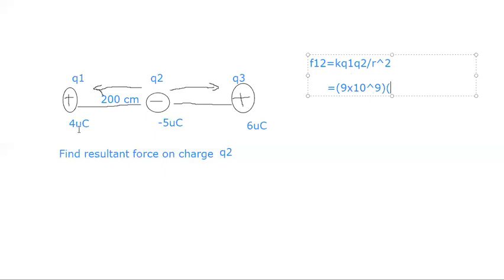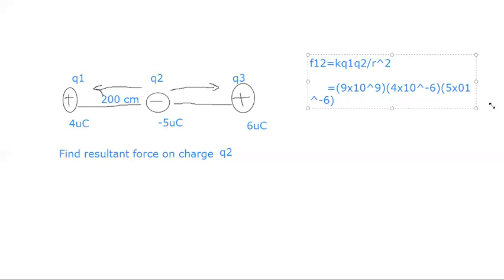Q1 is 4 microcoulomb, so I will convert it into coulomb: 4 cross 10 power minus 6. Similarly, Q2 is 5 cross 10 power minus 6.